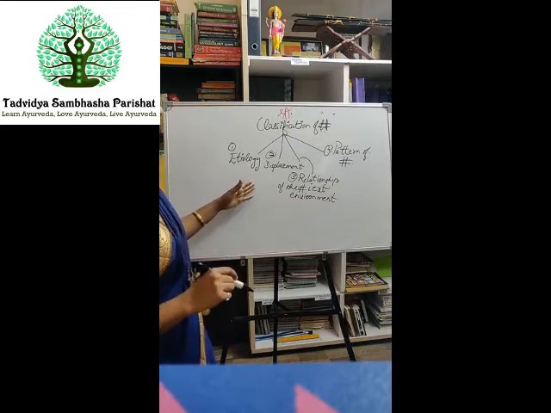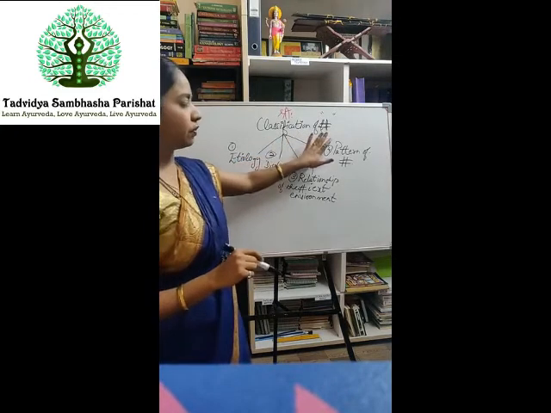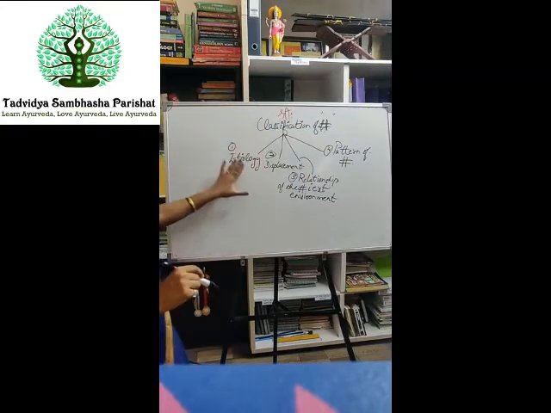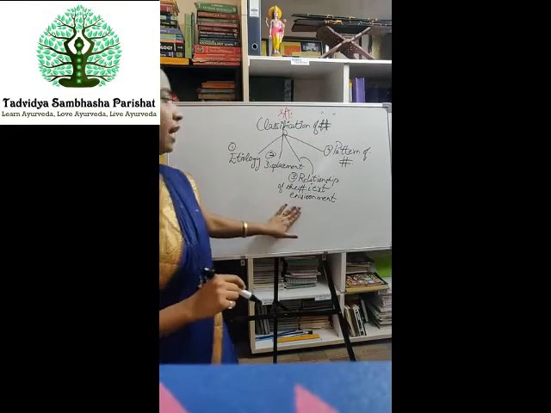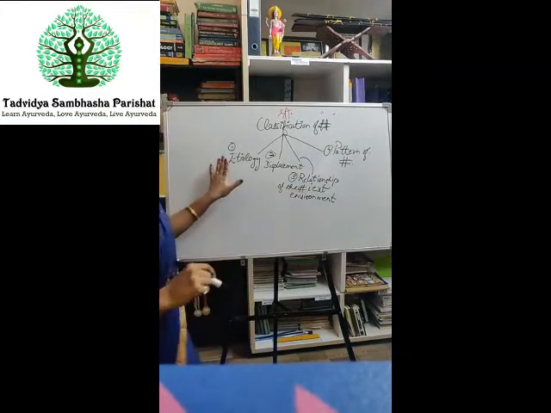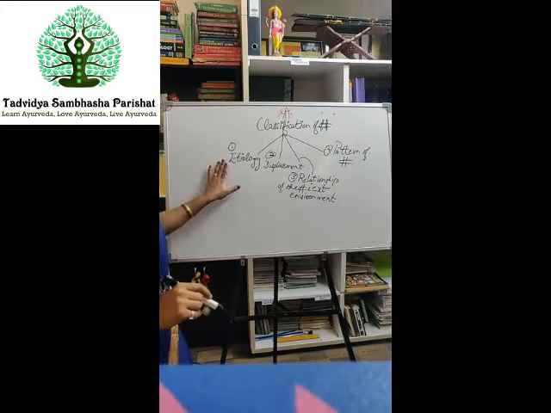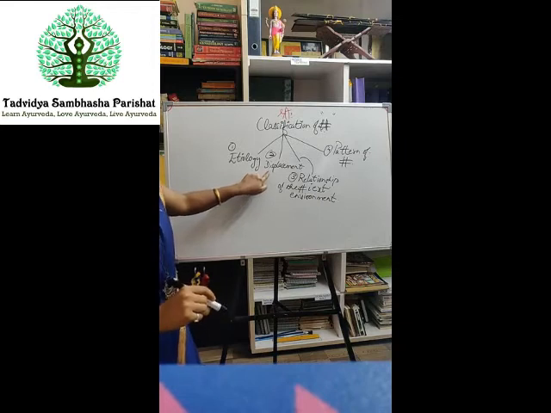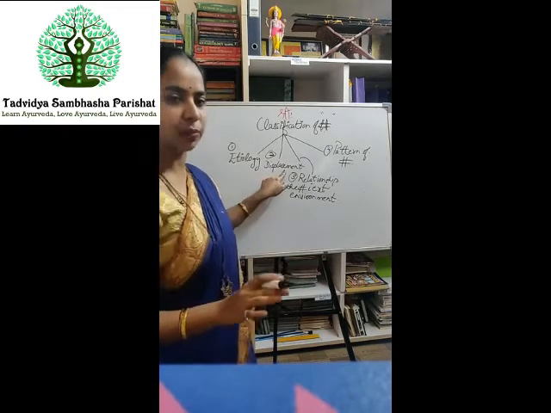So now we are looking at the classification of fractures. Any kind of fracture is broadly classified under 4 headings. The first is based on the etiology. What are the different etiologies? We will deal with that further. The second classification is based on the displacement of the fracture fragments.